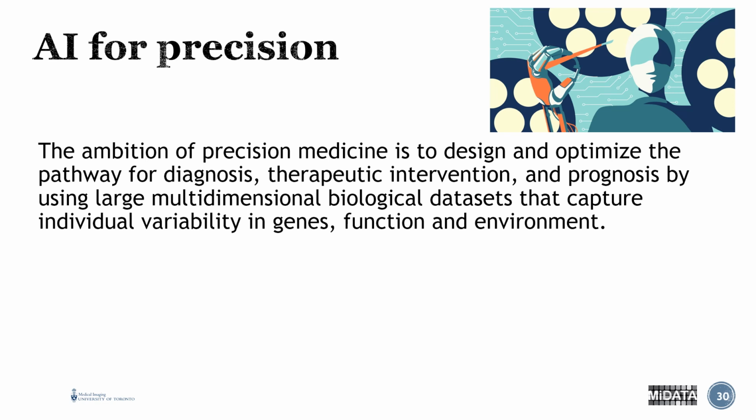So if you're wondering, the ambition of precision medicine is to design and optimize the pathway for diagnosis, therapeutic intervention, and prognosis by using large multi-dimensional biological data sets that capture individual variability in genes, function, and environment. And so this just sounds like an absolute perfect fit for artificial intelligence, just based on the two previous lectures that you've had so far.